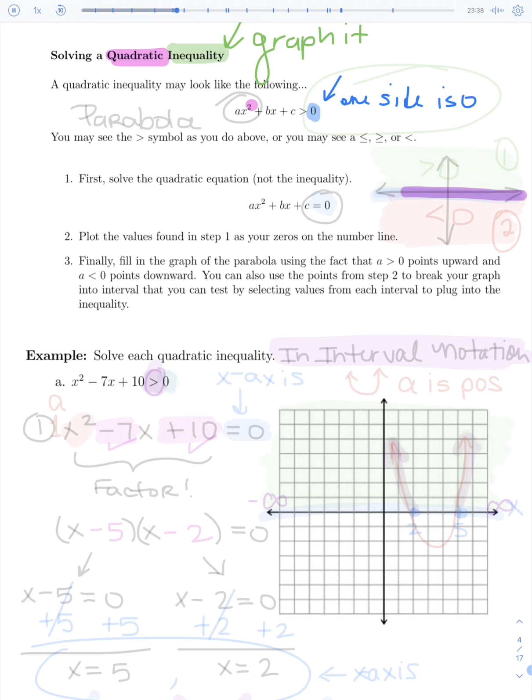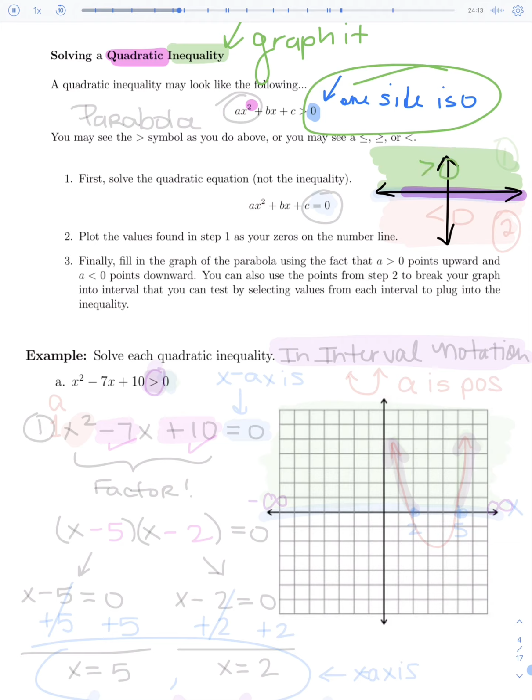And when we do this, we need to know that one side is 0. Why? Because if we talk about our graph being bigger than or smaller than 0, well, 0 is the x-axis when you're graphing. So anything that is greater than 0 is up top.